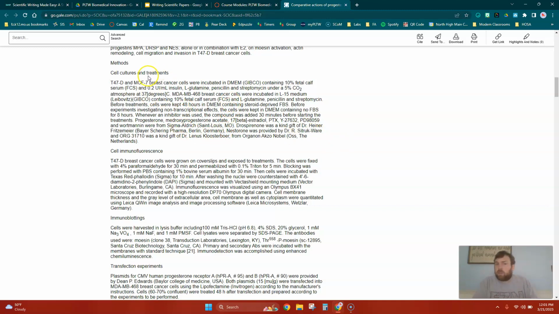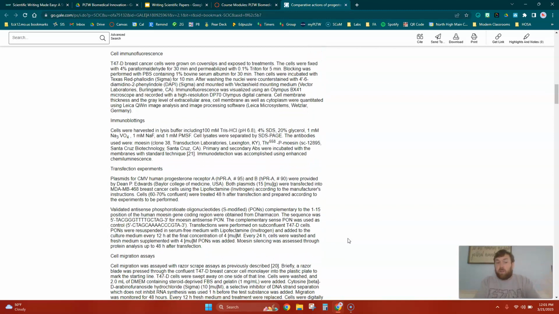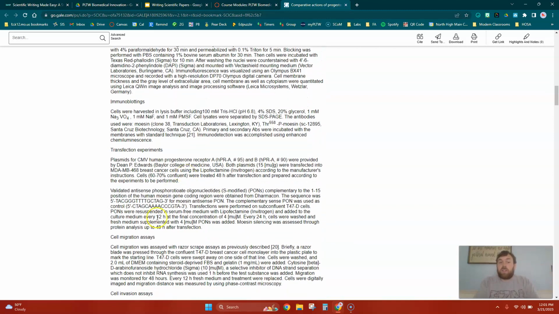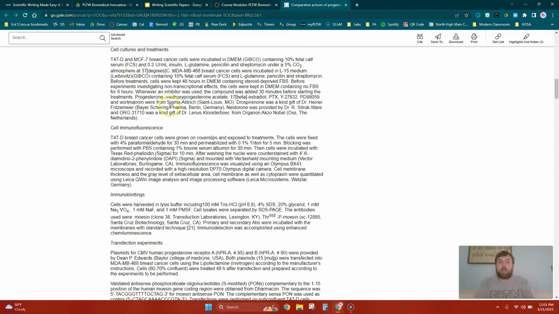Notice that after culture, this person went into details about their immunofluorescence, which is the act of washing them under a protein wash and getting them to glow in the dark so that you can see them better, and then blotting them on a machine. They went into further detail with each of their transfection experiments and migration assays to see exactly how these cells reacted to the treatments that they described all the way up here.